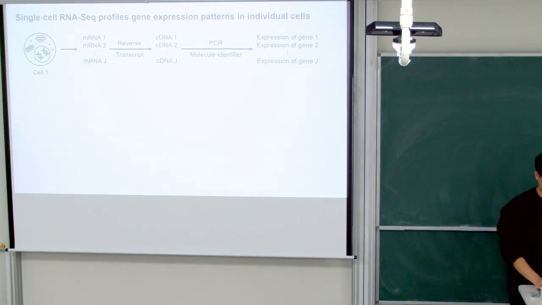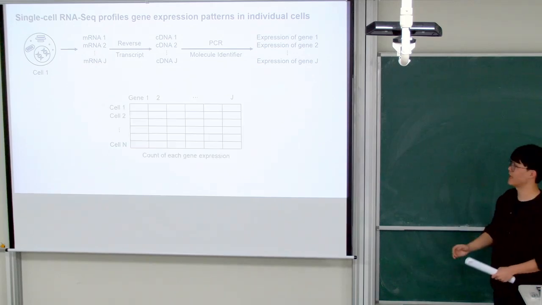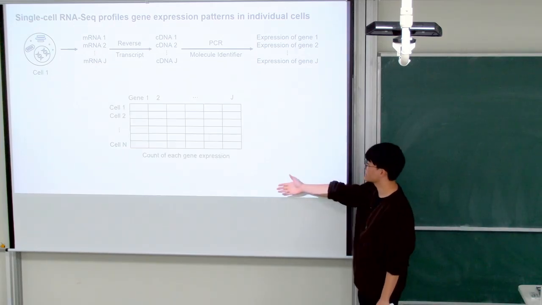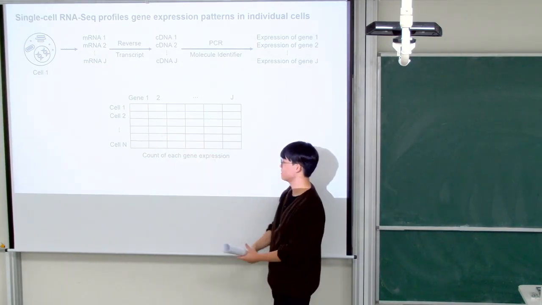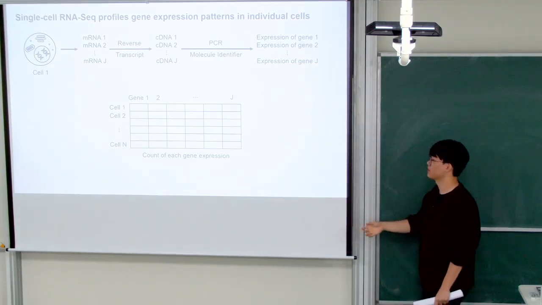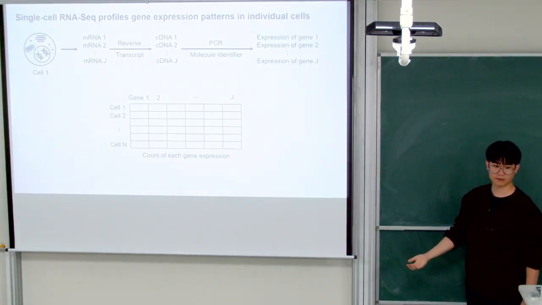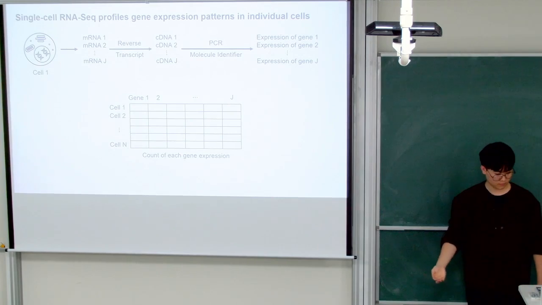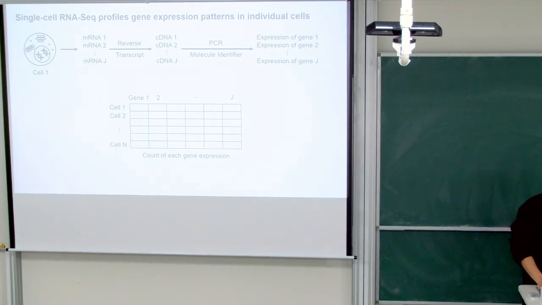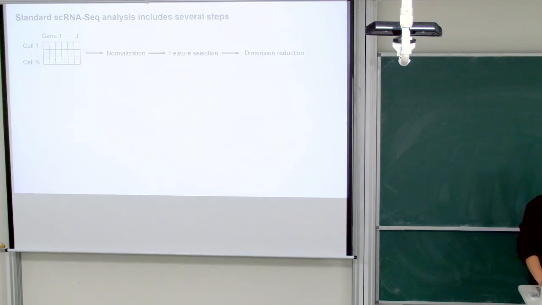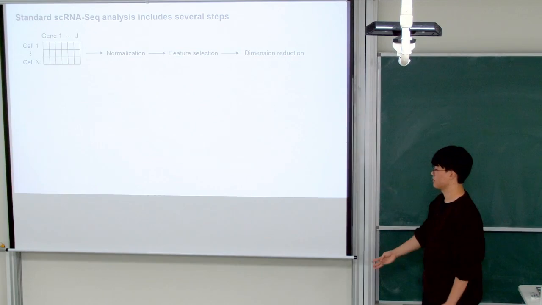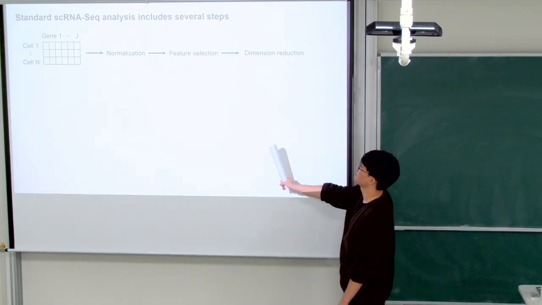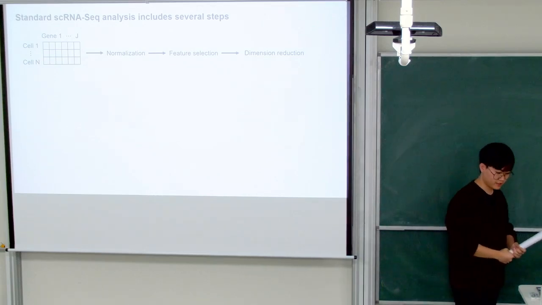So if we perform this experiment for many cells, as a result, we will get this kind of data: for each gene and for each cell, we count how many of the genes are expressed. Based on this data, we perform analysis with 3 steps: normalization, feature selection, and dimension reduction.